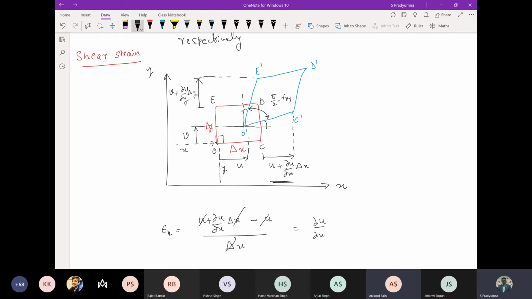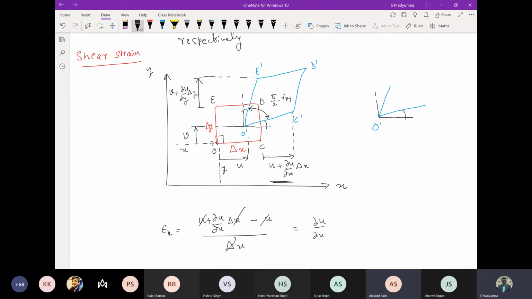Gamma xy, how do I write? Gamma xy can be written as, for example, I'll write it again. This is where we are looking at that particular point. Let me change this to blue color. I am writing that point O dash.